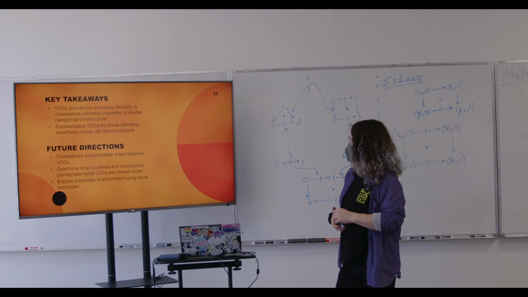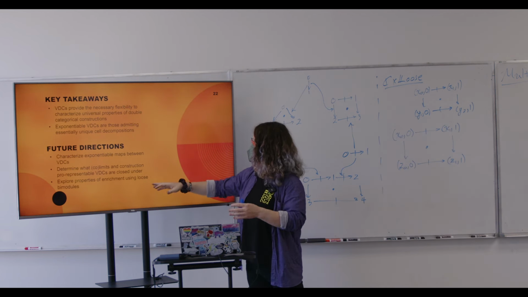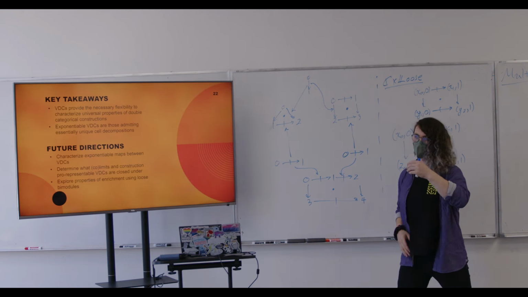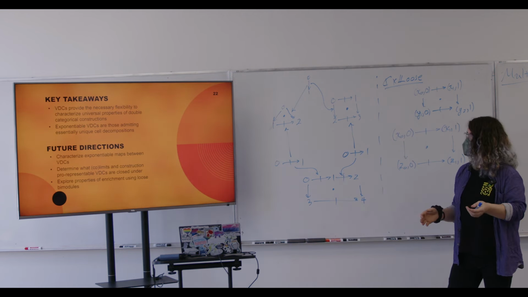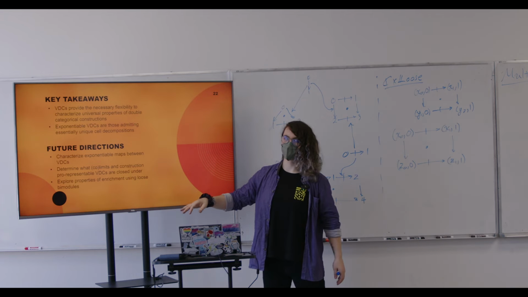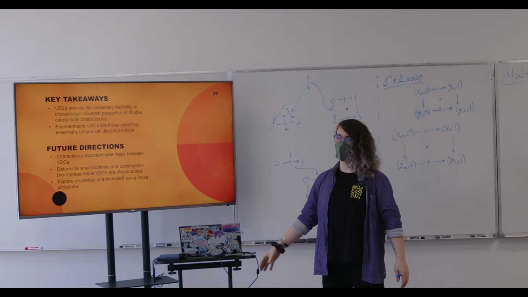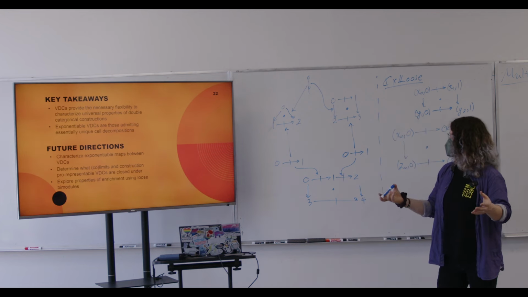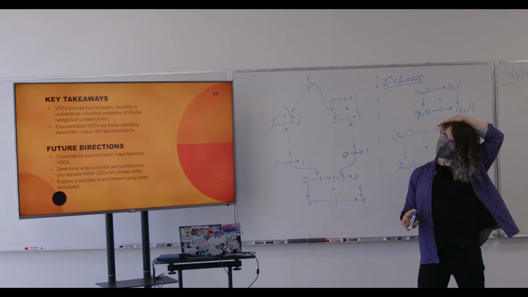And then finally, separate but related to Sophie's question about what this is enriched over, I've been thinking about loose bimodules and seeing if that gives an alternate way of doing some kind of enrichment in virtual double categories or in something else.